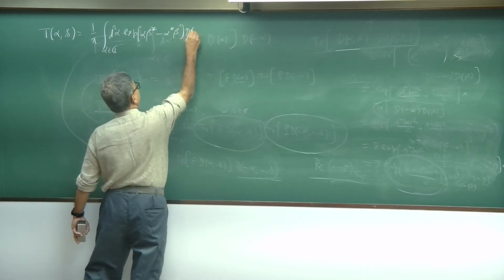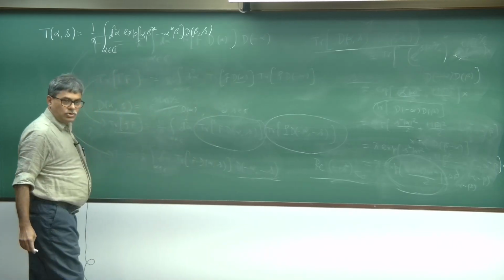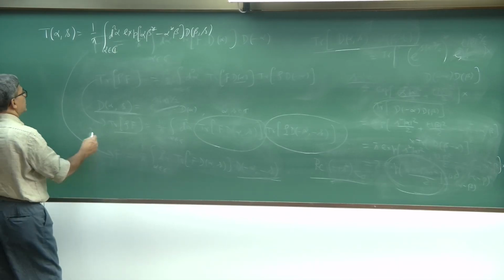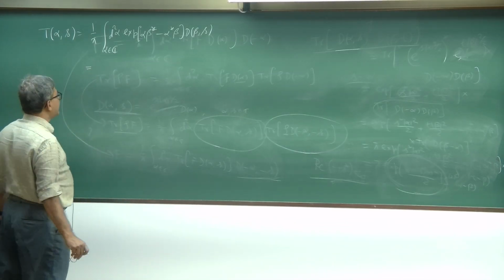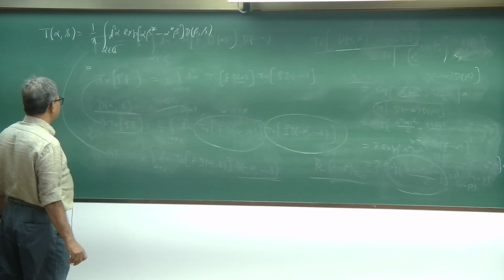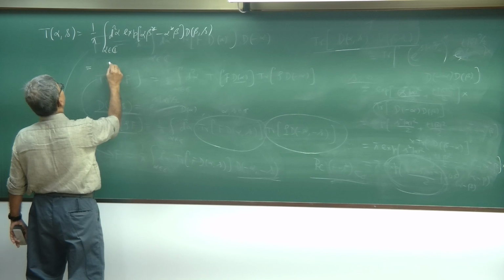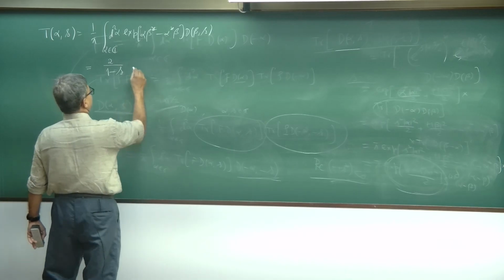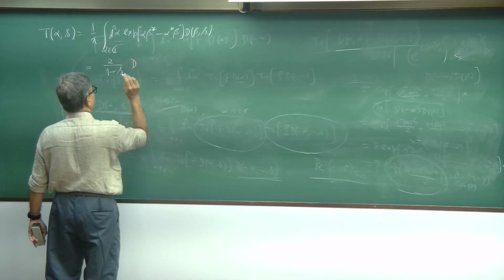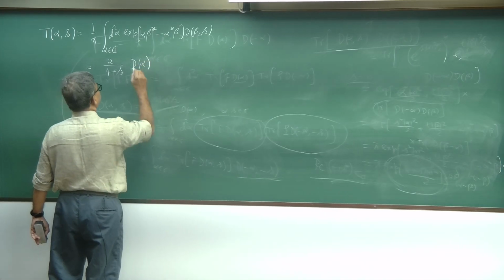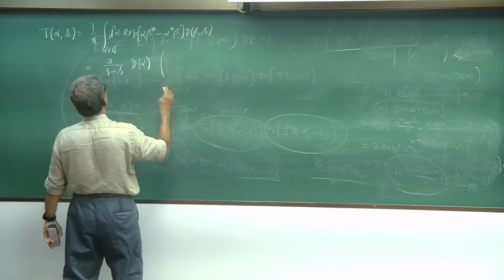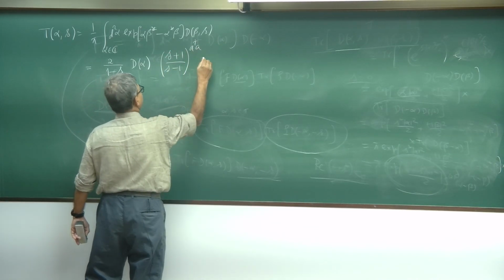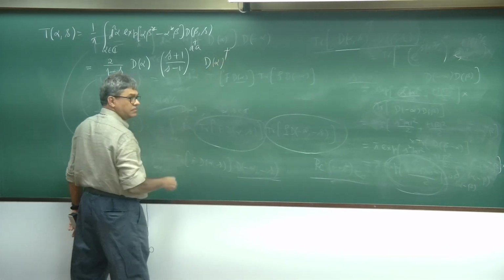Now, I think we discussed earlier that this can be expressed as something like this: 2 by 1 minus s, then d alpha, then s plus 1 by s minus 1 to the power a dagger a, d alpha dagger, right.